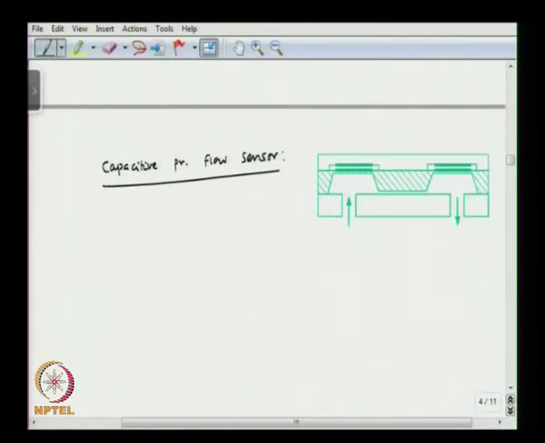So, as you can see here, this is the inlet, okay, and this is the outlet, and here we have a capacitive type flow sensor. So, as the flow goes in through the microfluidic channel, here we have a membrane, okay, and this is a membrane on which one electrode is positioned, and there is the second electrode here, this is a static electrode, okay.